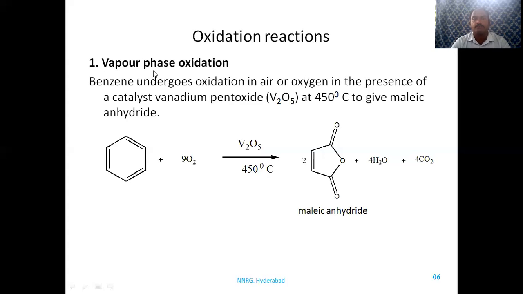Benzene undergoes vapor phase oxidation in the presence of catalyst vanadium pentoxide at high temperature to give maleic anhydride. So these are the two different oxidation reactions and addition reactions of benzene. These reactions are not possible at normal temperature, because benzene is a very stable molecule. It needs high temperature and drastic conditions to undergo these oxidation or addition reactions.